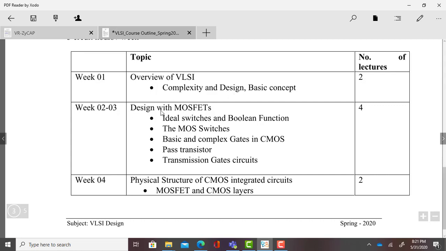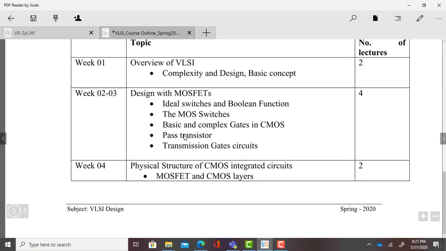Then in the next 2 weeks, we will dive deep into the MOSFET, and we will study how we can use the MOSFET to implement Boolean functions and to construct different kinds of gates from CMOS logic. And we will study about transmission gates and things like that.